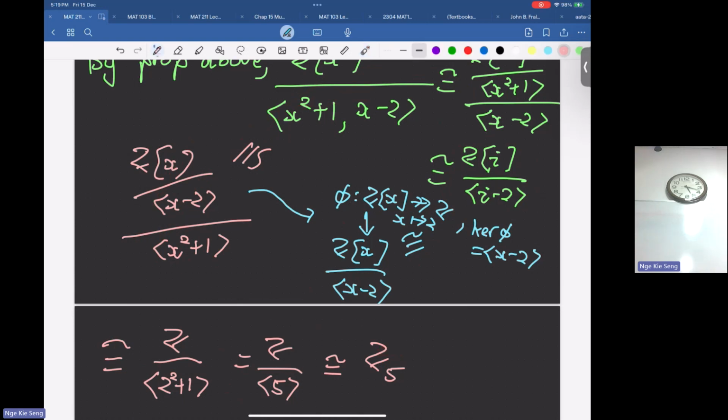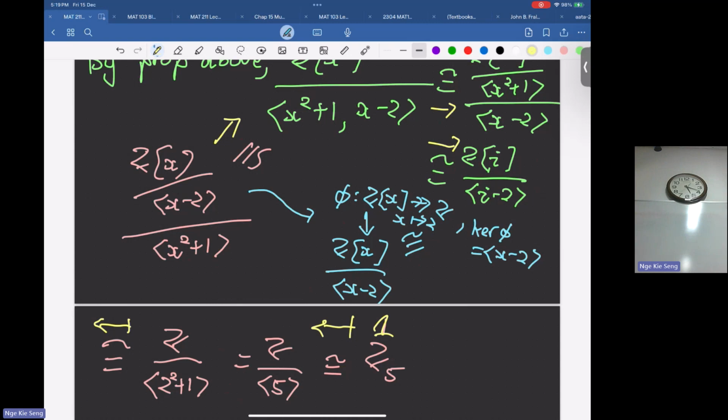You take 1 here, and then you trace back this isomorphism. Where should the 1 go? Because Z5 has 5 elements, you can go back and forward through the isomorphism.